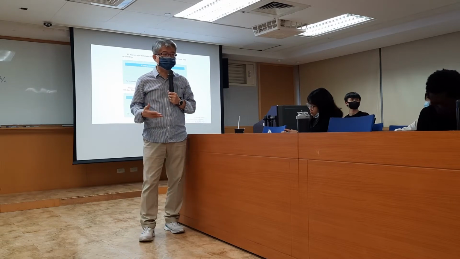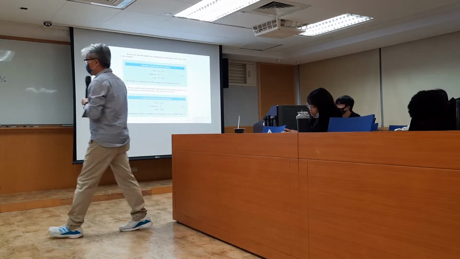So you sum them up and divide by n. That will be the X double bar.